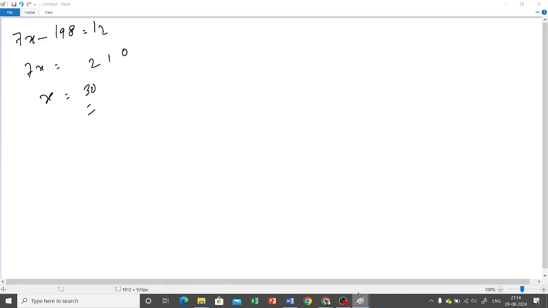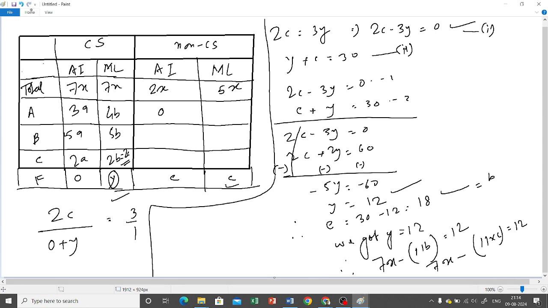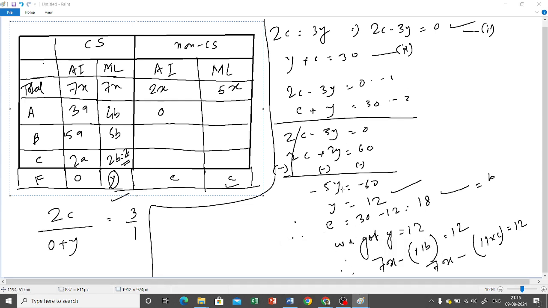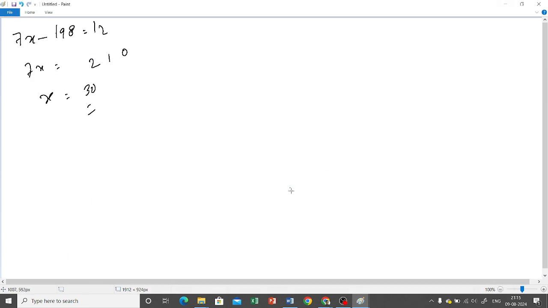What I'm going to do is copy this table, because that will reduce my work. I'm just going to copy this. Paste it. Okay.